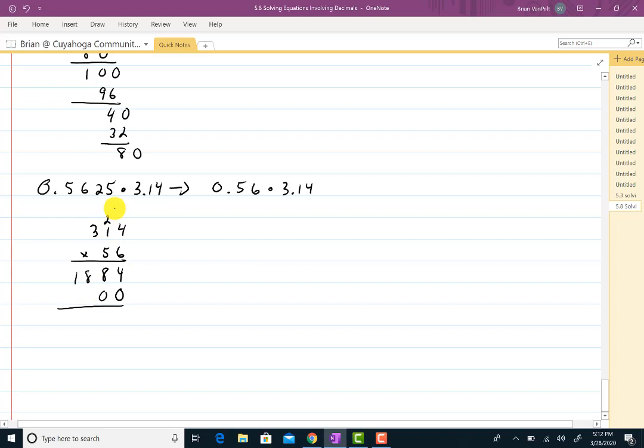Oh, the 2 is already there, very nice. 5 times 1 is 5, plus 2 is 7. And 5 times 3 is 15. So let me add all my numbers together. 5, carry the 1, 7, 1. And then I had 1, 2, 3, 4 decimals. So 1, 2, 3, 4. Looks like 1.754, 1.7.